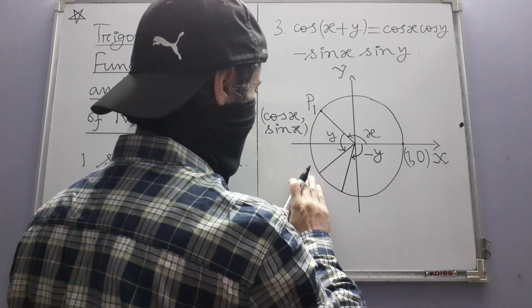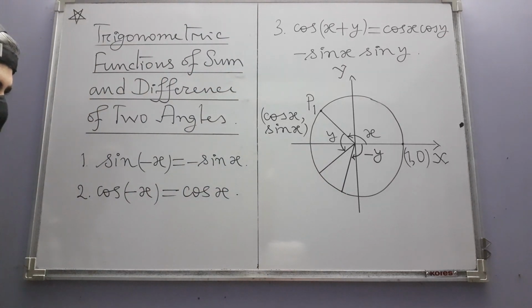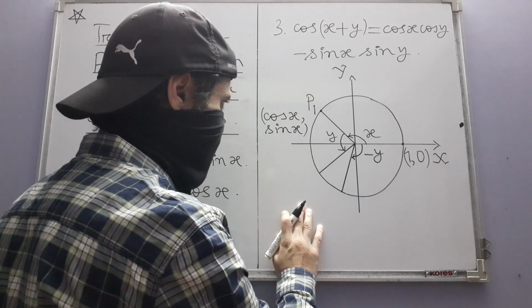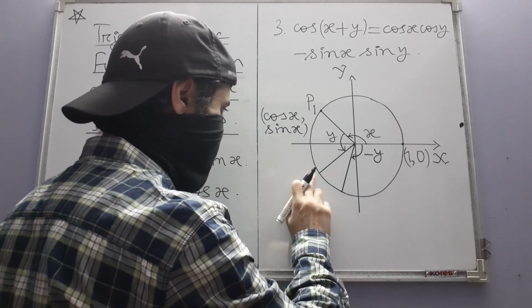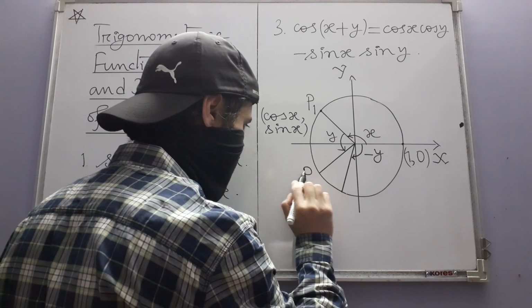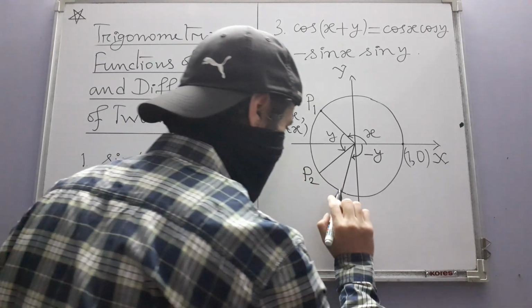All right, so let us name these other points of intersection also. I don't exactly remember which one is which in the text. Let me just call this P2. It does not really matter what we call these things. And let us call this one P3.